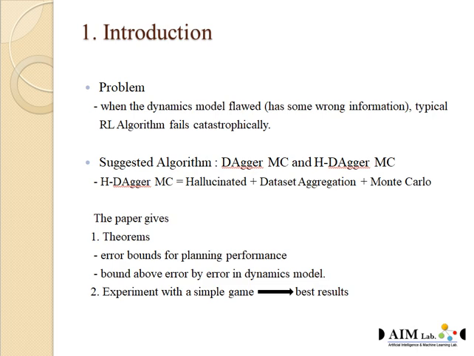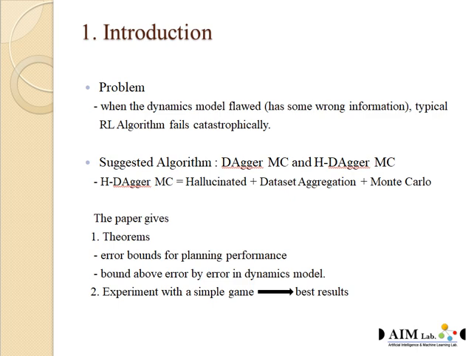The problem is that when the dynamic model is flawed, like it has some wrong information, typical RL algorithms like model-based reinforcement learning or data aggregation fail catastrophically.